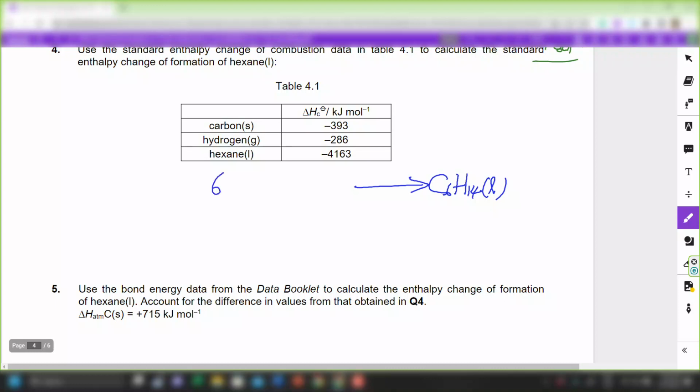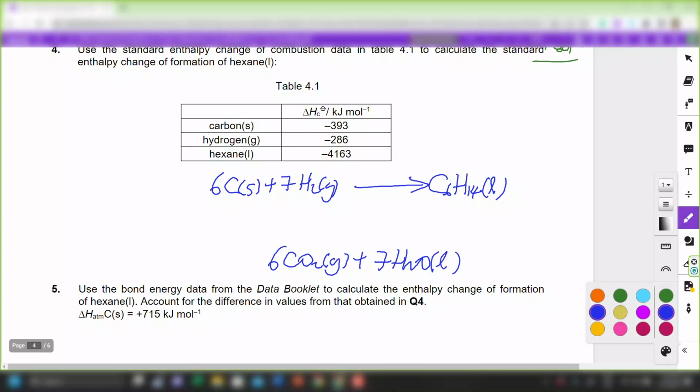So I will need 6 carbon solids, and then plus 7 H2 gas. Same logic: if you burn them completely, I'm going to get 6 CO2 gas plus 7 H2O liquids.